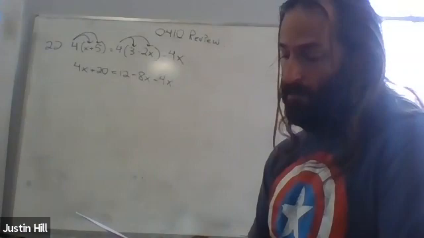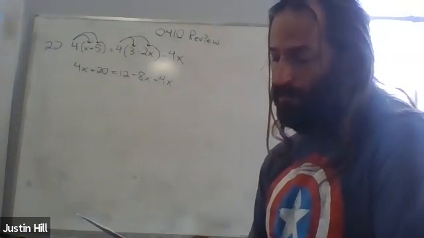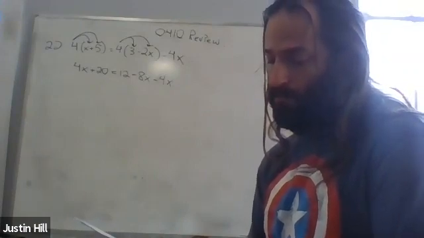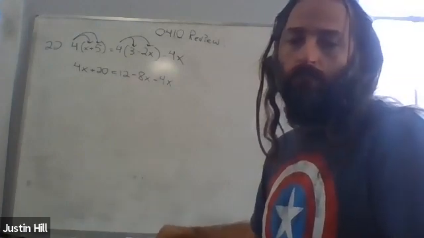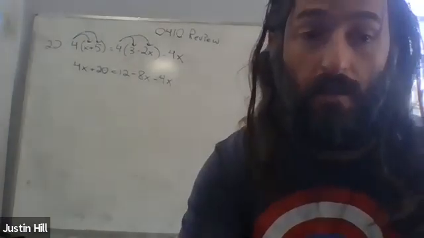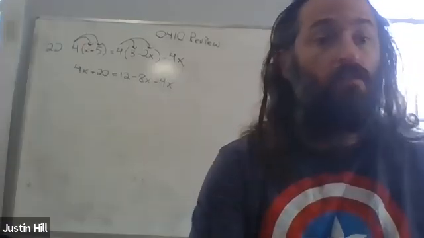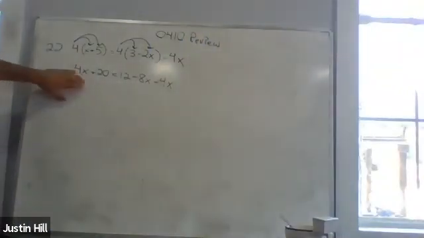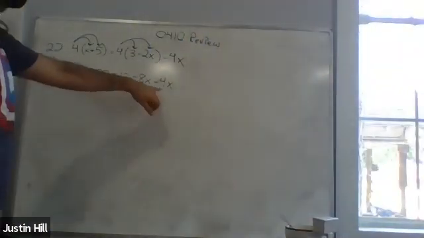Did I? Possibly. Let me pause this and check. Hold on. All right, so I'm back and we're good. That is actually correct. We're going to get 4x plus 20 equals 12 minus 8x minus 4x.